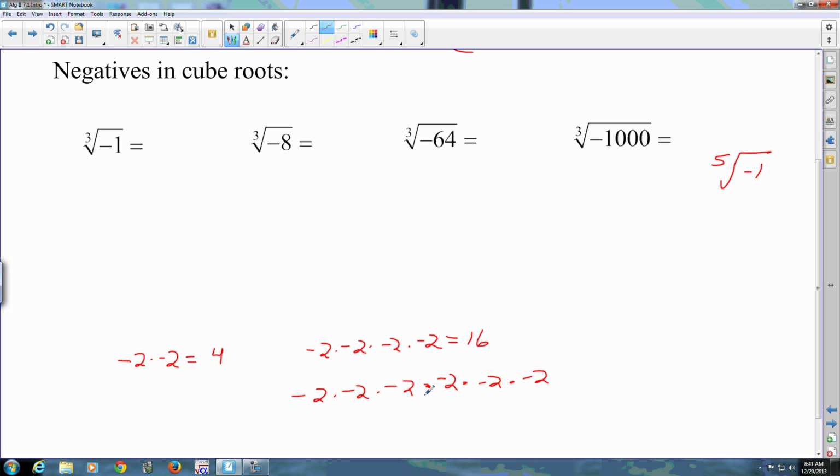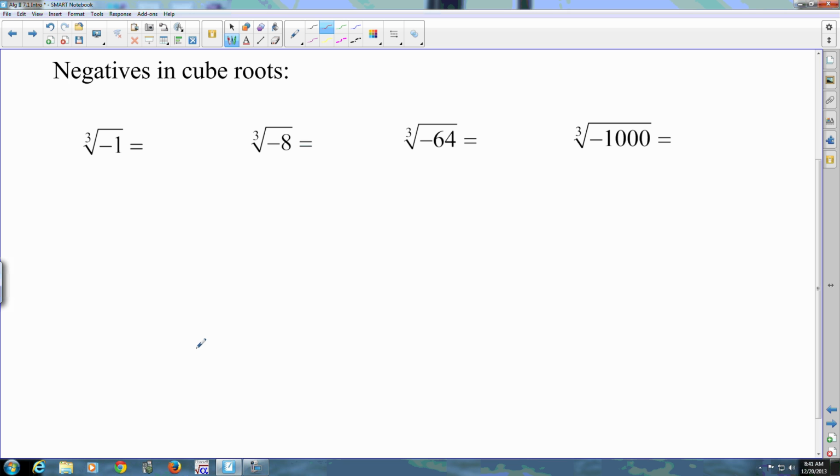There's 1, 2, 3, 4, 5, 6. When you're multiplying an even number of times, your answer is positive. It should be something that you guys are comfortable with. I need to bring it in the forefront of your thought because what you need to realize is then if you have an odd number of negatives, your answer is negative. -2 times -2 times -2 times -2 times -2.